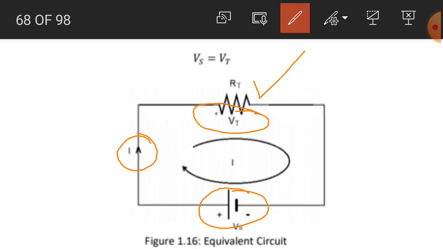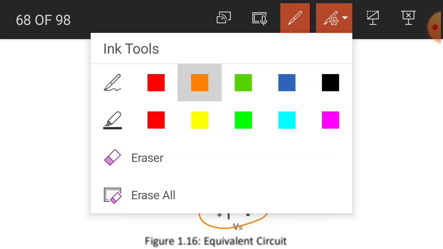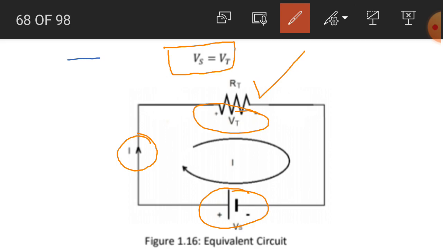So we apply KVL to this loop. According to KVL, the sum of the voltage rises in this loop will be equal to the sum of the voltage drops. Keeping in view the direction of the loop current in this circuit, the voltage across the source is a voltage rise and the voltage across the resistor is a voltage drop.